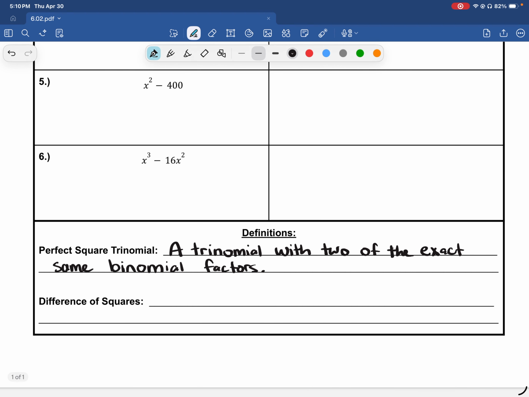Difference of squares is a trinomial that's missing the middle term.